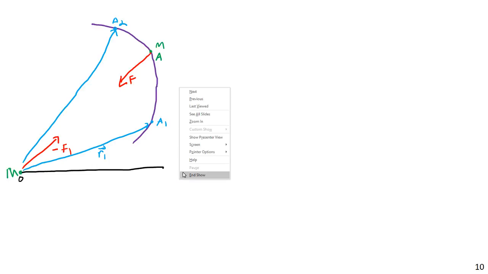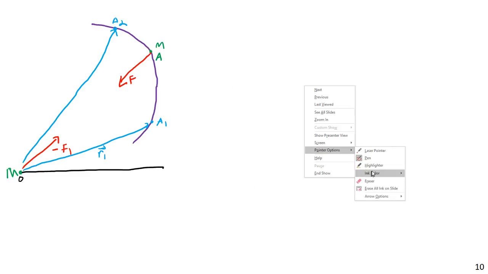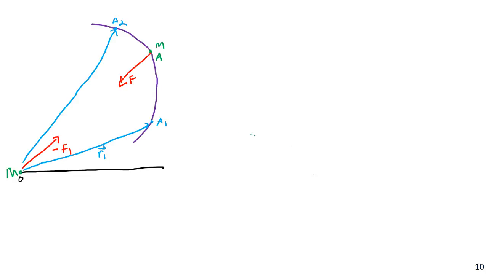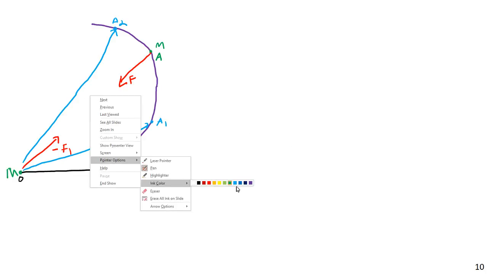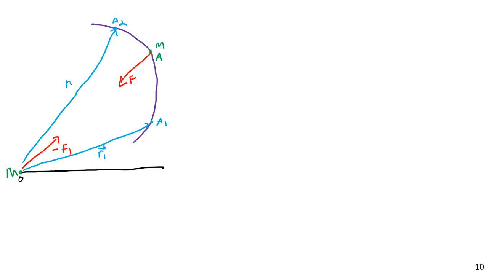And then I would have R1, and I should probably label R2. That would be my final position vector.